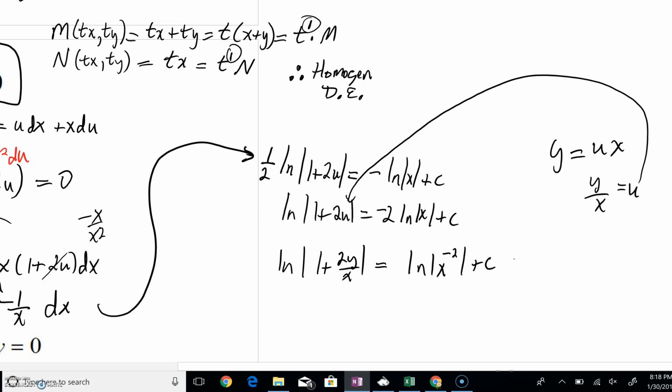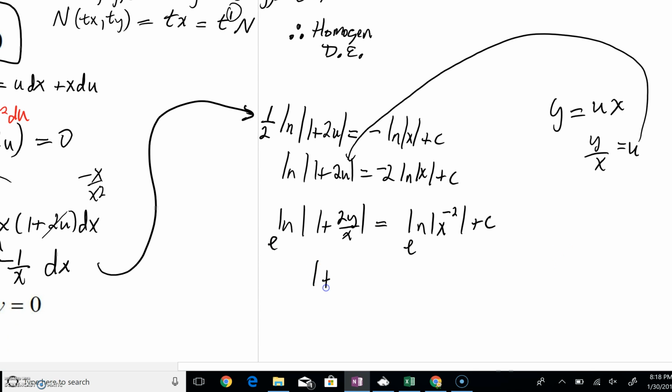So now I've got a y in there, and you might guess we're going to exponentiate both sides. You're going to have 1 plus 2y all over x. Right here, x to the negative 2 is 1 over x squared. That's the cool thing right there. E to a power is going to be another constant.